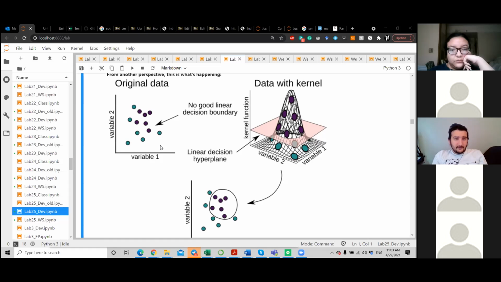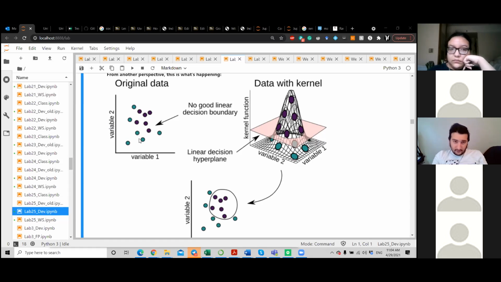So, this is your original problem. You have 2 variables, 2 inputs, and you want to come up with a hyperplane to separate purple points and green points. Okay? Yes. Can you draw a line to separate these with minimum misclassification?